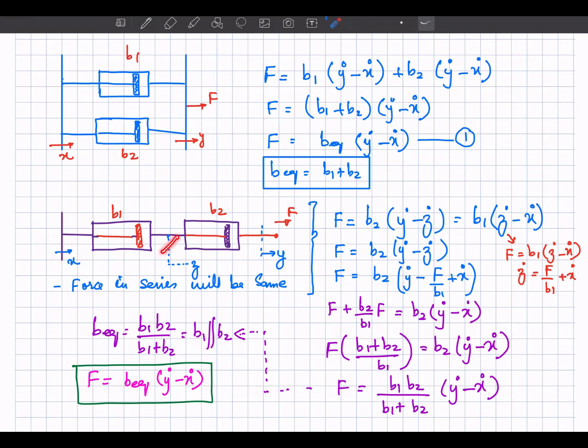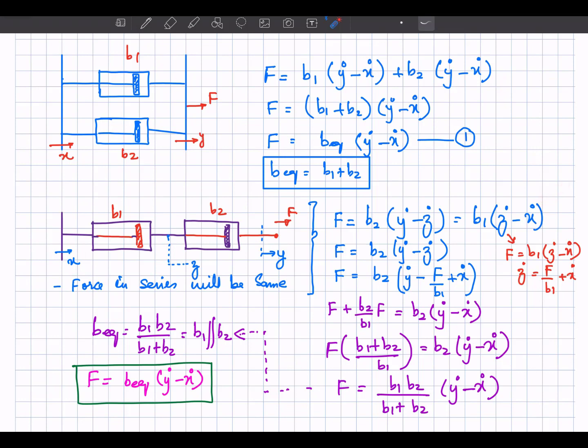So the force is given as B2 into Y dot minus Z dot, because you are applying the force over here, and this must be equal to the force between these two points, that is Z dot minus X dot, right?